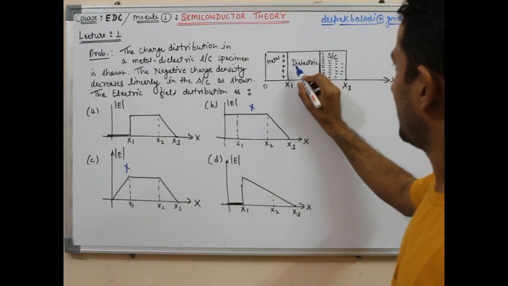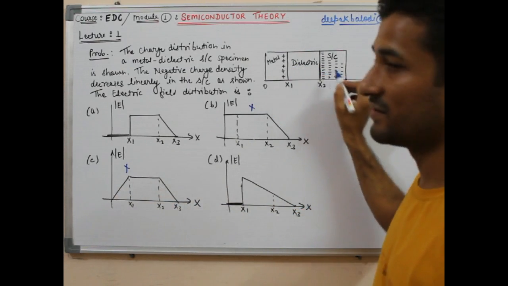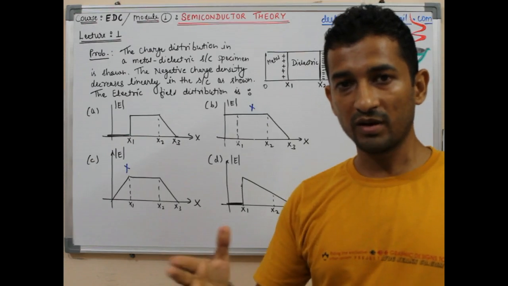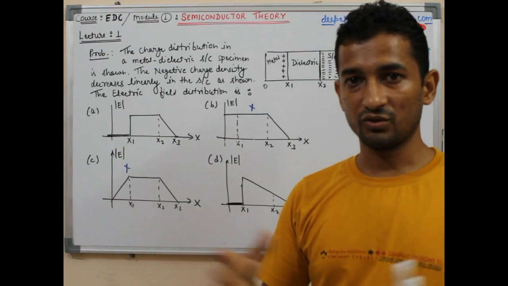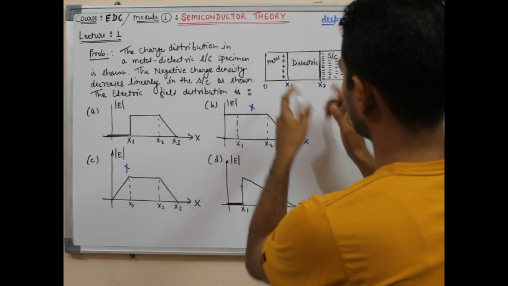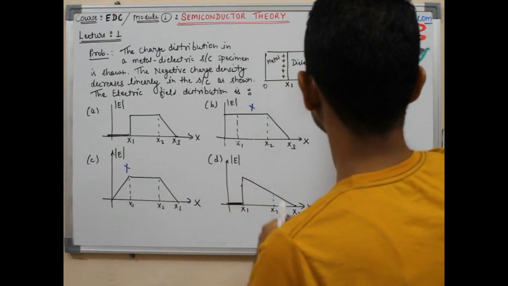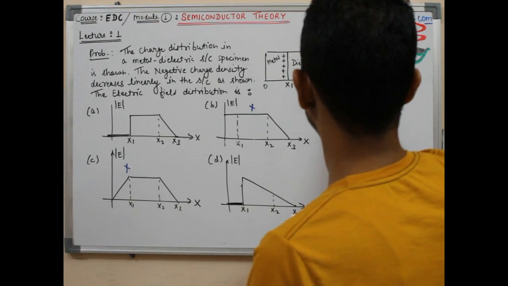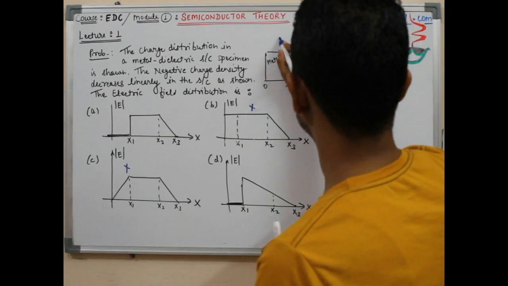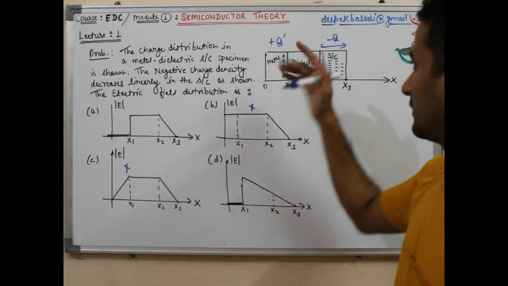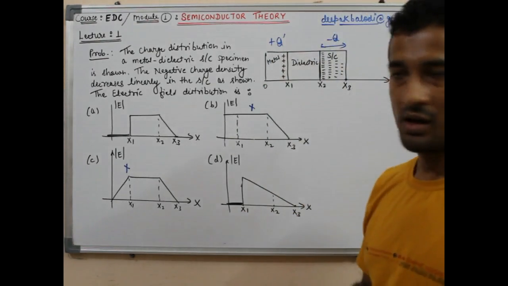Now the electric field will be sustained within the dielectric, because within the dielectric there is nobody to transport the charge. This is like a parallel plate capacitor, where there is some charge Q, some minus Q, and this side is some plus Q dash, possibly to be equal.